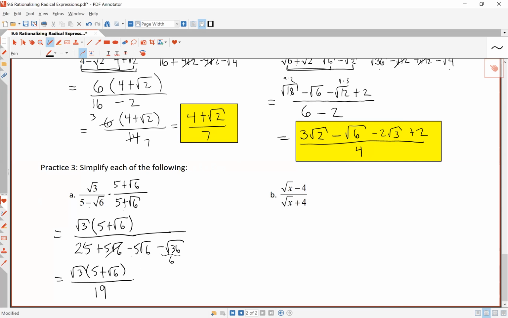And the 5 root 6 cancels with the 5 root 6. We distribute the root 3 across and get 5 square root of 3 plus square root of 3 times square root of 6 is square root of 18. And then we rewrite this as 3 square root of 2 over 19.